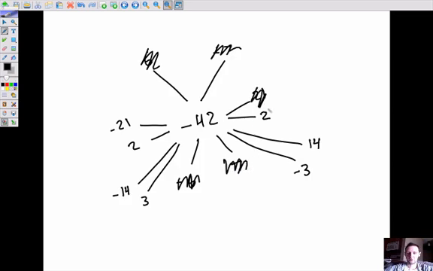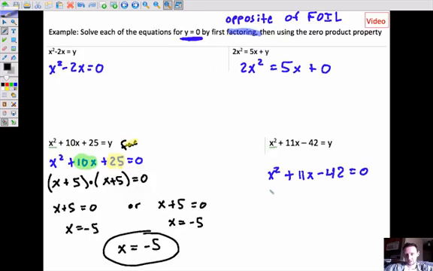The 21 and the, well, that should have been a negative 21, but regardless it won't. That one won't either. This gives me a negative 11. This gives me a positive 11. So my factors are going to be 14 and negative 3. So I'm going to get x plus 14, x minus 3 because it was a negative 3.